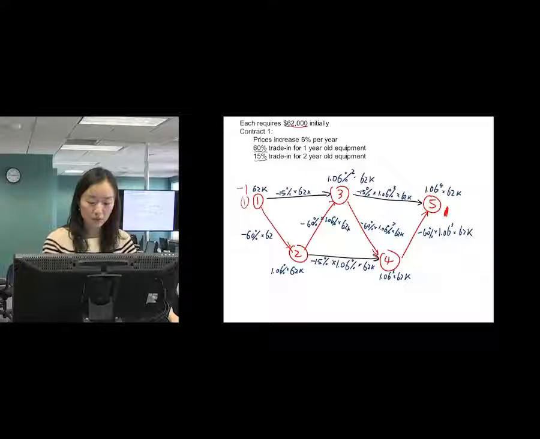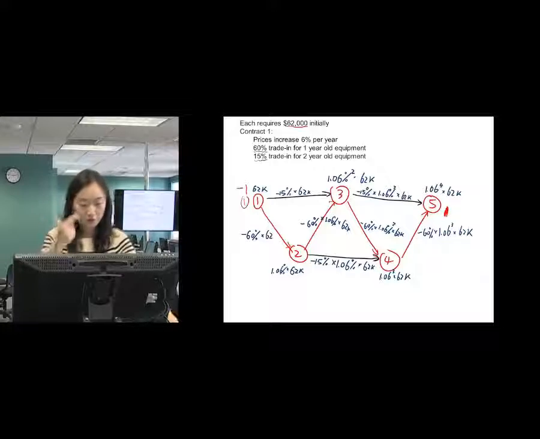Whether it's going from here or going from here depends. Okay, if I come here, we'll say, okay, that means we're trading the equipment that we purchased from year 3 under a 1-year trading plan. So we get 60% from what we paid for that at that time. If it goes from this direction, then we're just saying we're trading this 2-year-old equipment that we purchased in year 2, and we only get 15% from it. Okay, so these are the costs.